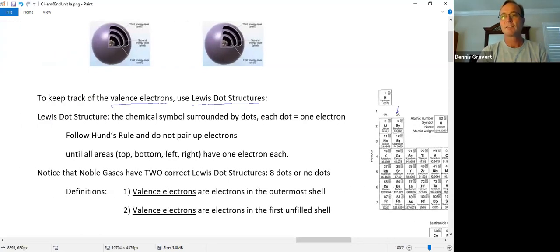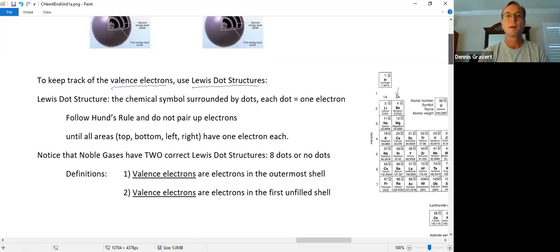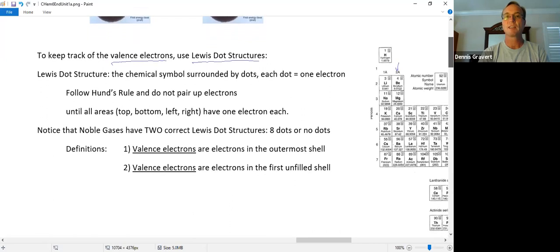We could identify the subshells and row numbers, the principal quantum number and all that, but a faster way to get through the chemical reaction part is drawing a Lewis dot structure. So what you do is simply go grab the chemical symbol for the atom you're talking about. So if you're talking about titanium, it's Ti. Lithium is Li, right? So use the periodic table to get its chemical symbol.